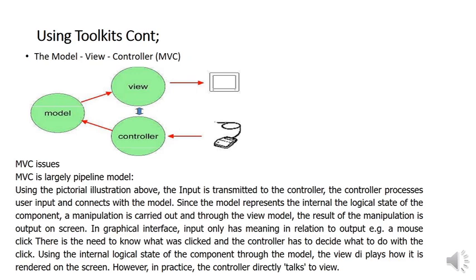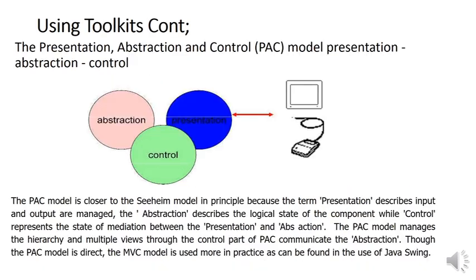However, in practice, the controller talks directly to the view. This process is still similar to the process you know about how a simple system operates. What you input is processed by the internal model, and can only be viewed through what the model supplies to the view. Then the user will be able to view it through the screen.